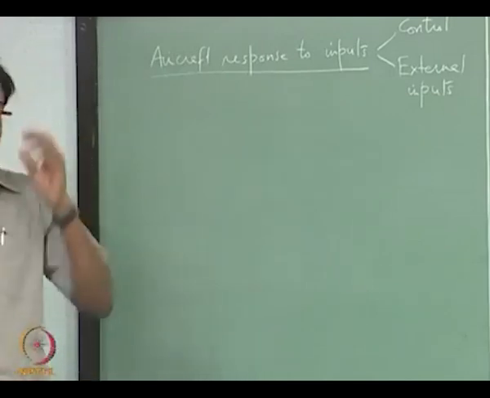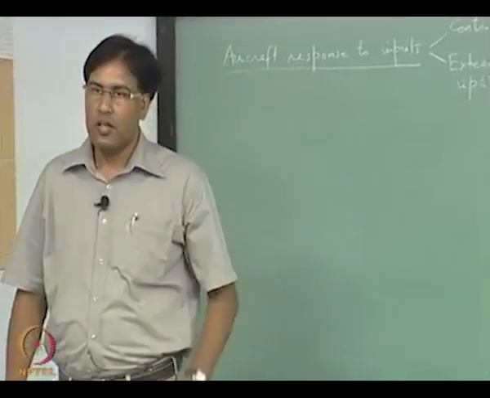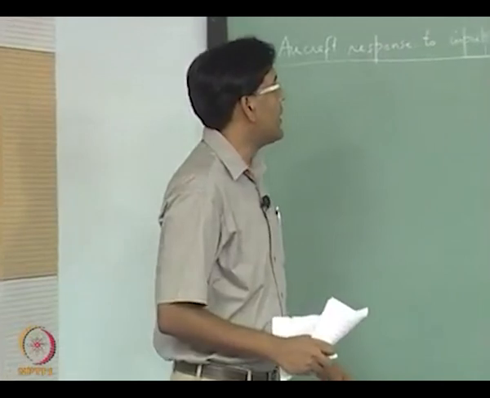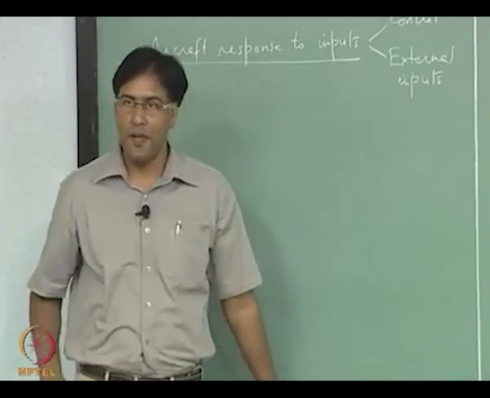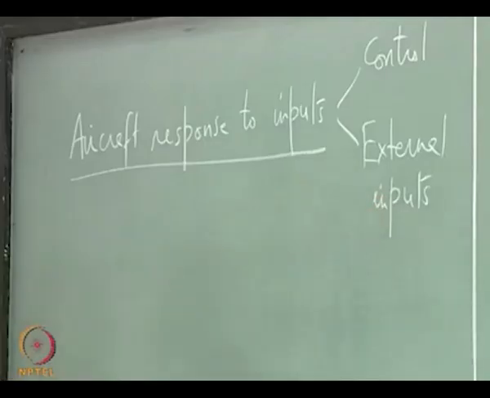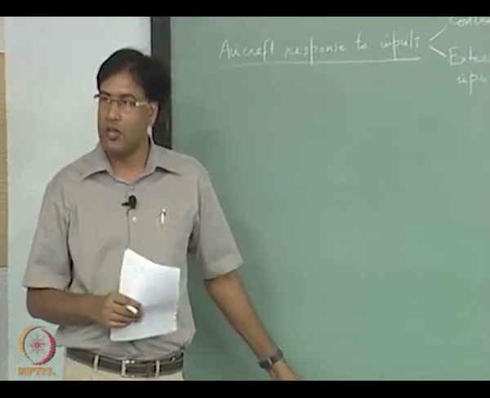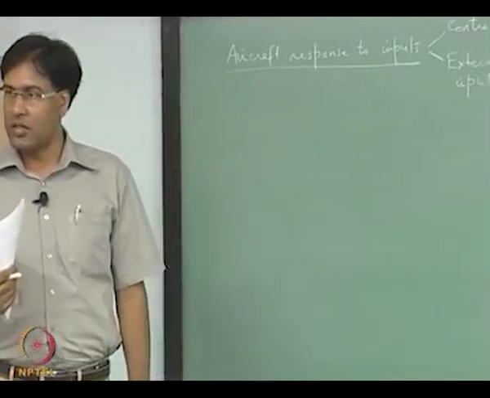Right. So, we already looked at one simple example where we talked about the response of aircraft in roll to aileron input, right. So, not making things more complicated, we will just stop at that. Now, we will look at aircraft response to external inputs, and these external inputs are coming from the wind, right. Now, wind can have any form which may be known or not known, but what we will discuss here is the form of the wind which is known to us, right.